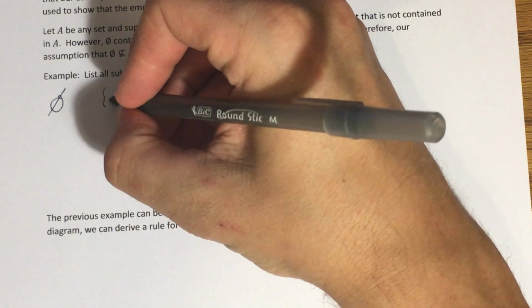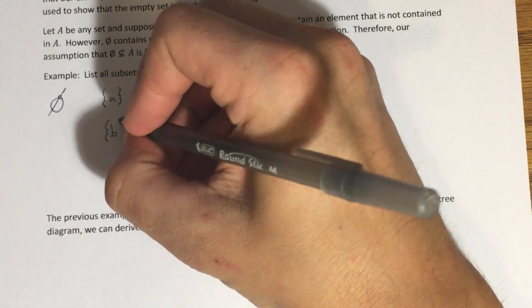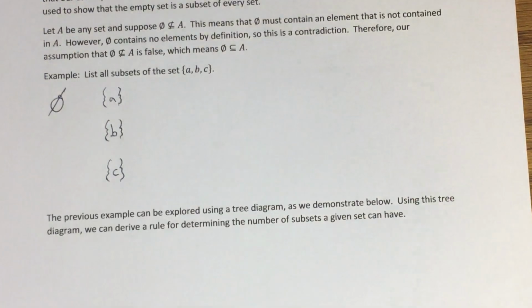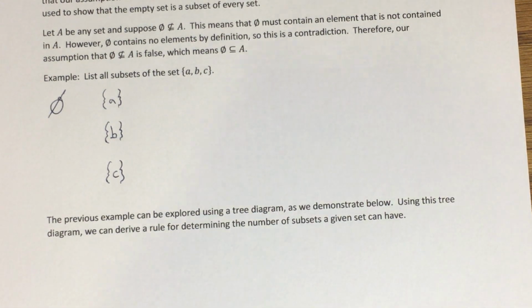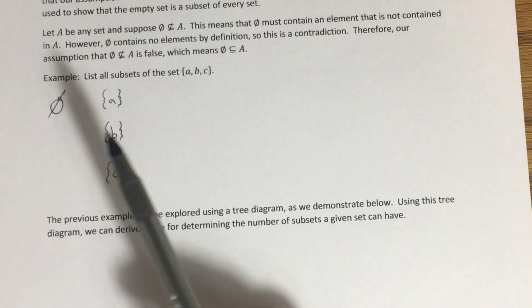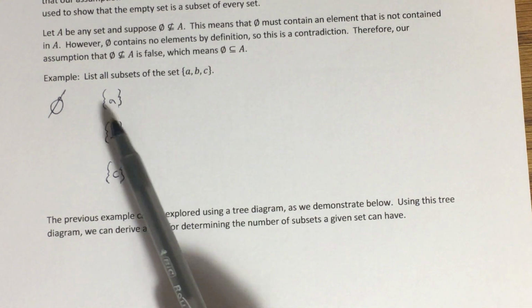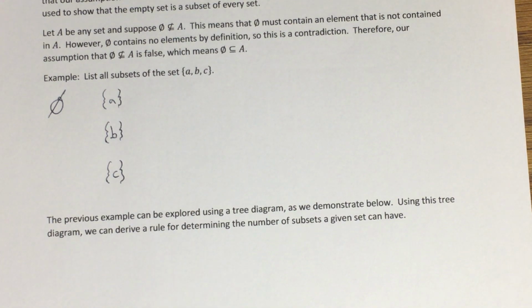So that would be the set containing A, the set containing B, and the set containing C. Those are the only elements that I had to choose from here. So that would imply that the only subsets of this containing exactly 1 element are these 3 right here.